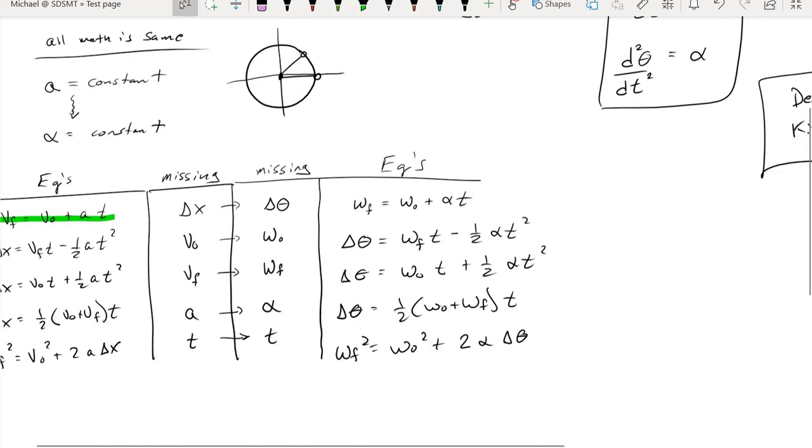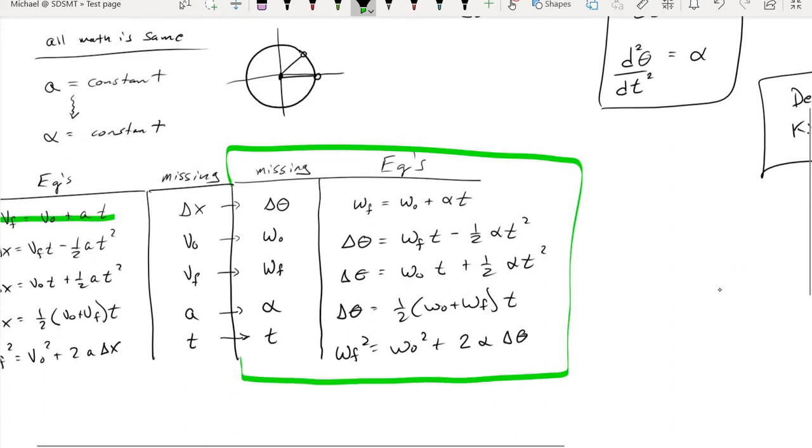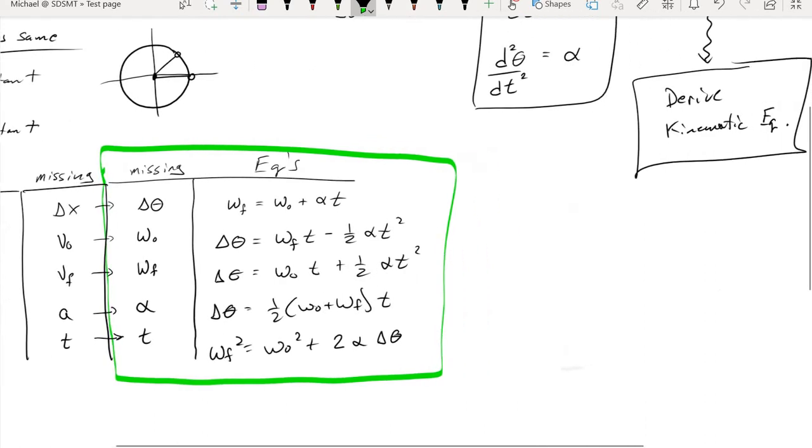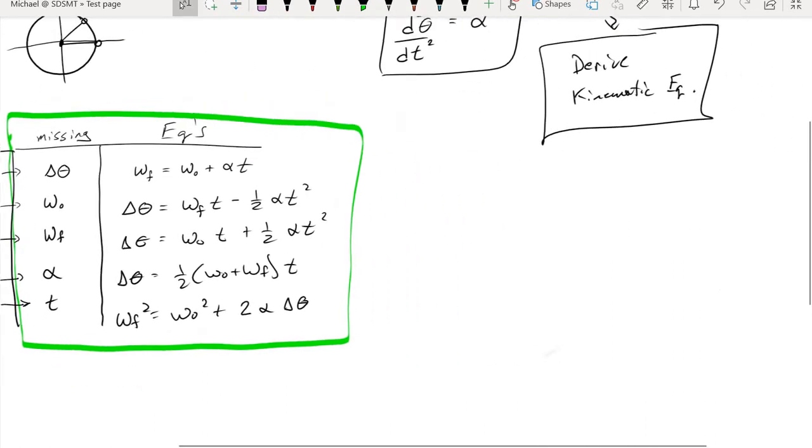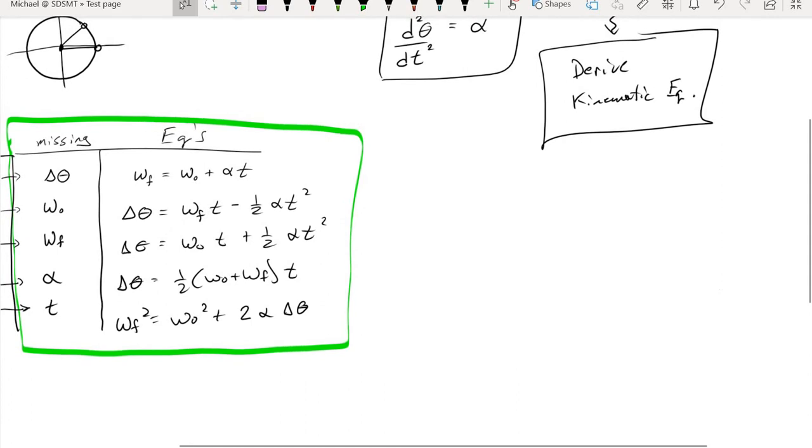And there we have it. We now have 5 kinematic equations that we can use for a rotating system.